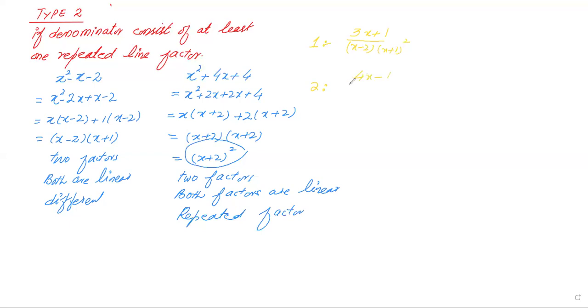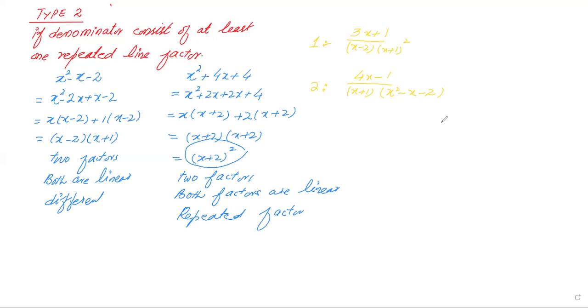The next is 4x minus 1 divided by x minus 1, and we have x square minus x minus 2.